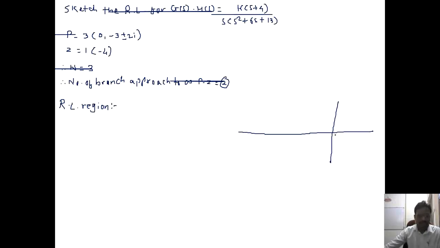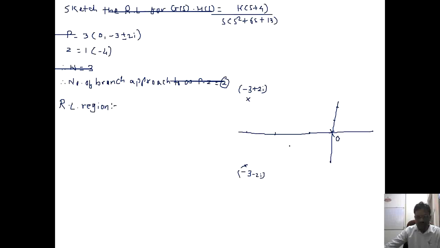Plot all the poles and zeros. The first pole is at 0. The second is minus 3 plus 2i; suppose 1, 2, 3, so minus 3, and here you get your complex pole as minus 3 plus 2i, and just below the same point, minus 3 minus 2i.